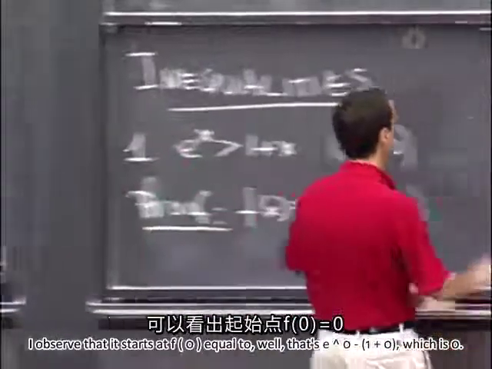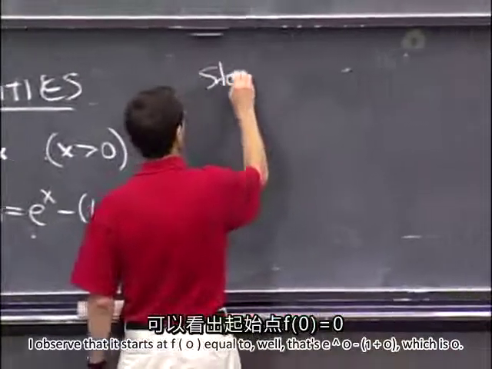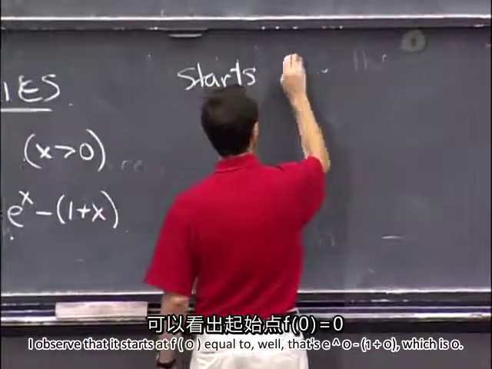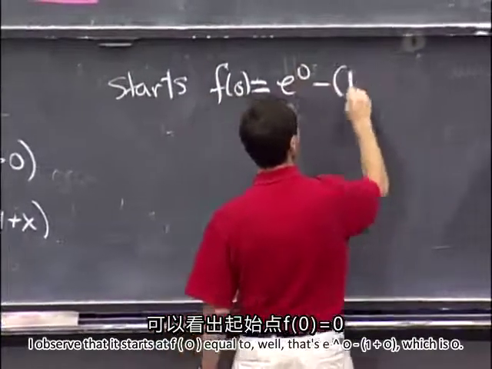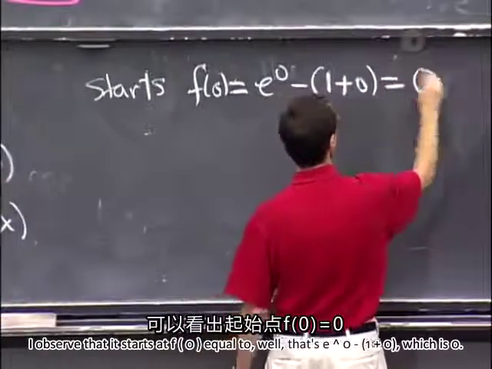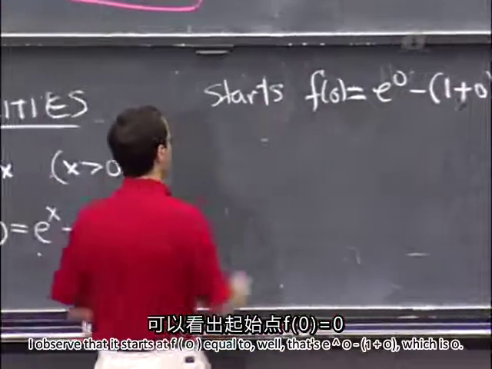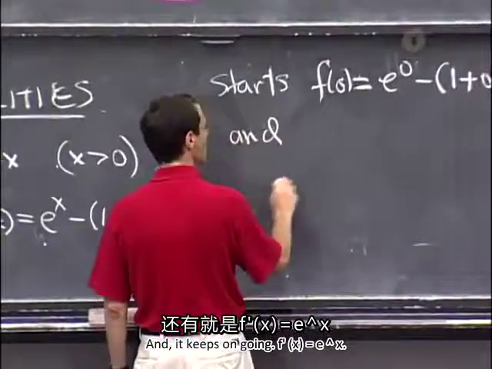I observe that it starts at f(0) equal to, well, that's e^0 minus (1 plus 0), which is 0. And it keeps on going.